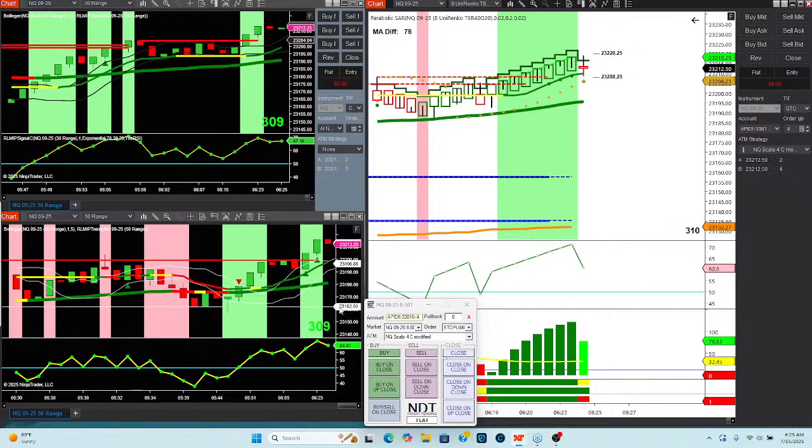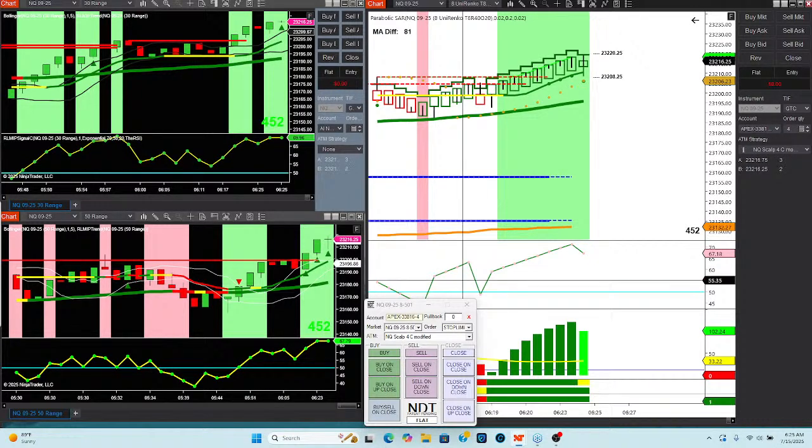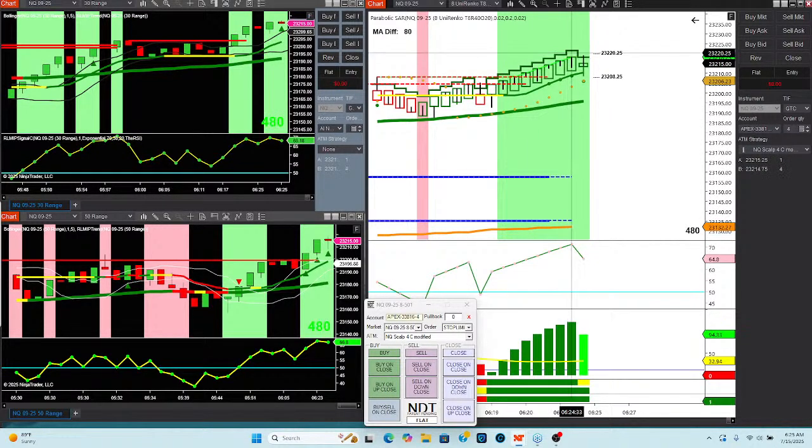And on my ATM strategies, I can automate this, not automate it exactly, but I can buy on an up close. When this thing closes, it will put me into a buy. Or I can sell on down close. Or sell on close. So all these buttons, to me, are almost a form of automation, or I can just buy it or I can sell it.